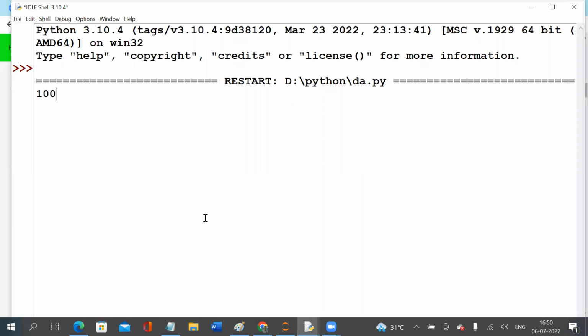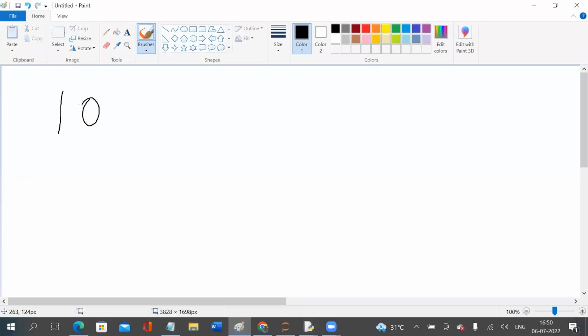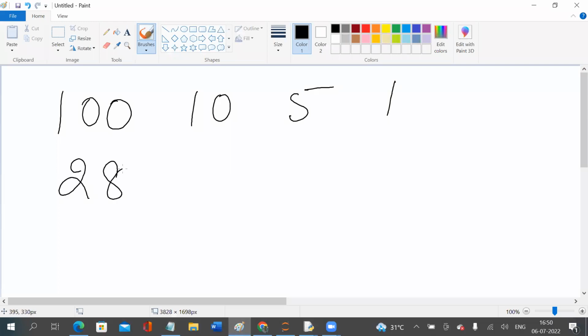Let us take one more input: 100 and 28. For 100, the largest factor is 10. For 10, 5. For 5, 1. For 28, the largest factor is 14. For 14, 7.